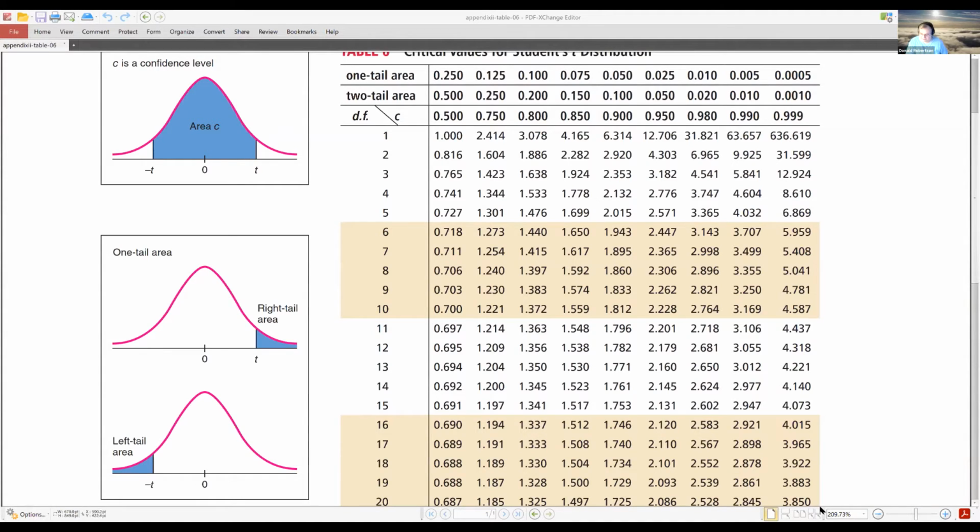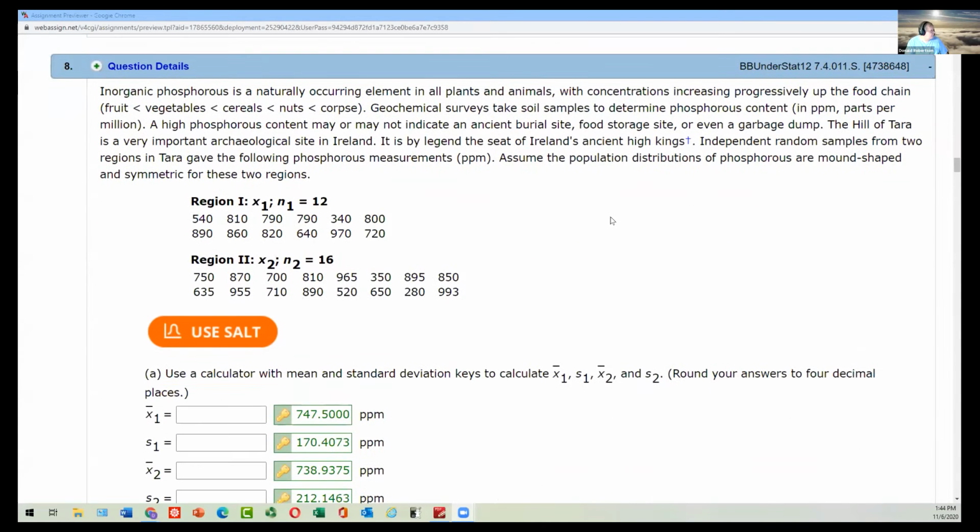Now I'm going to leave this and we're going to go to the question itself. And we'll talk a little bit about the story. Sometimes they go into a whole load of stuff that really is a distraction. But anyway, here goes. Inorganic phosphorus is a naturally occurring element in all plants and animals, with concentrations increasing progressively up the food chain.